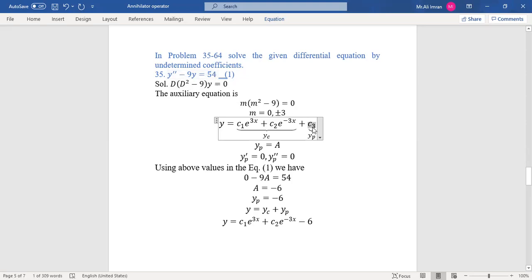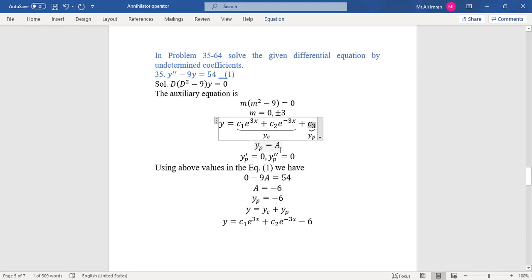So yp is equal to c3, and we may write this c3 as a constant A, as we have done in the undetermined coefficient method. yp is equal to A. The first derivative is equal to 0 and the second derivative is 0. If we put these values in equation number 1, we have 0 minus 9A is equal to 54, and if we simplify this, we get A is equal to minus 6.